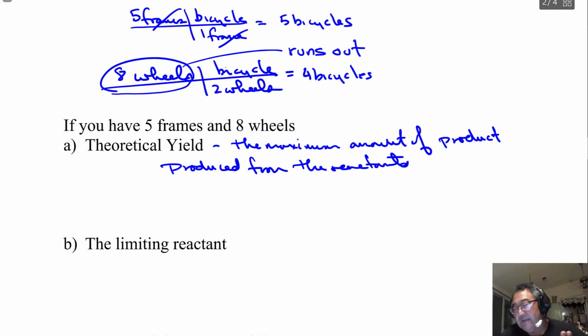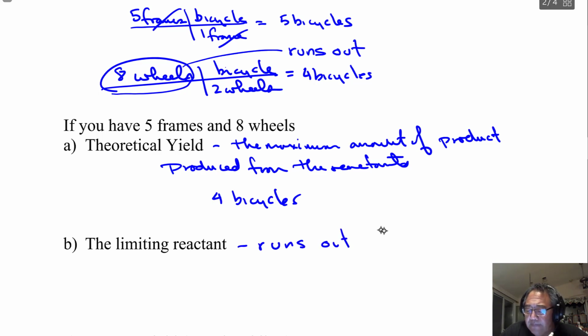And you have, in this case, 4 bicycles. Now, there's a thing called the limiting reactant, or the limiting reagent. It's usually called the limiting reactant. The limiting reactant is what runs out. So the limiting reactant runs out during the reaction and limits how much product can be produced.